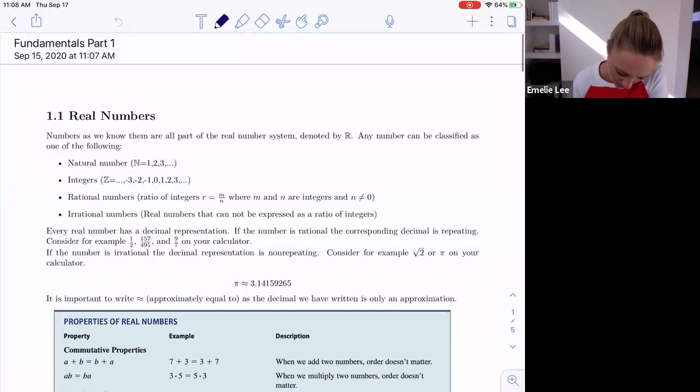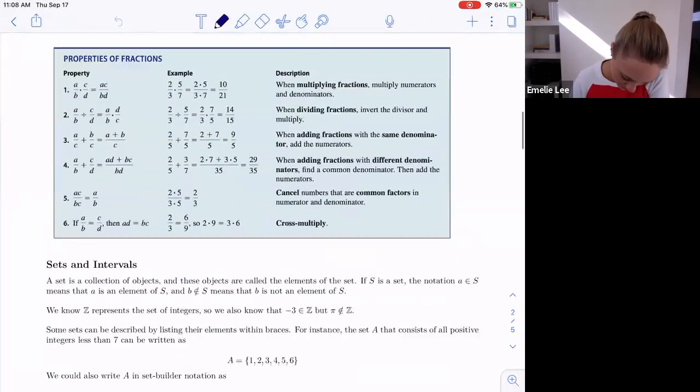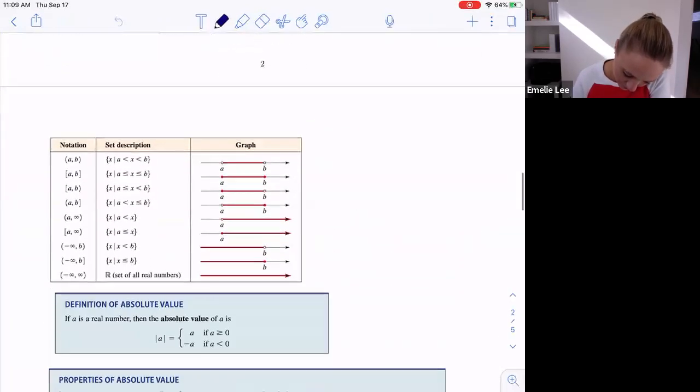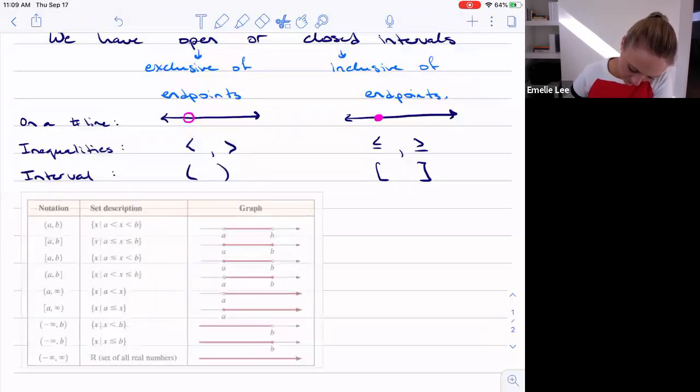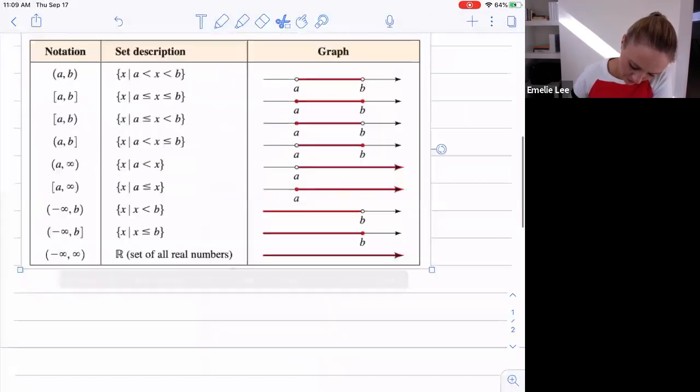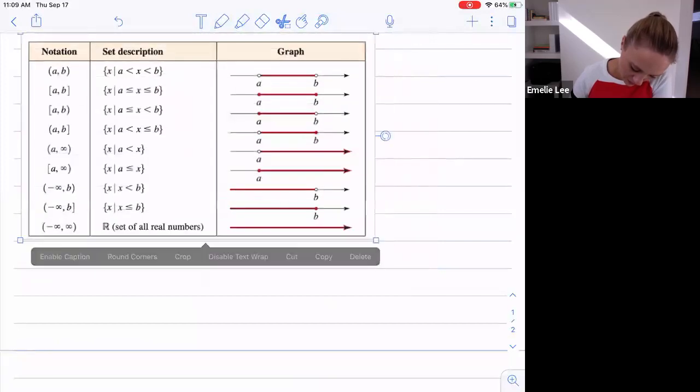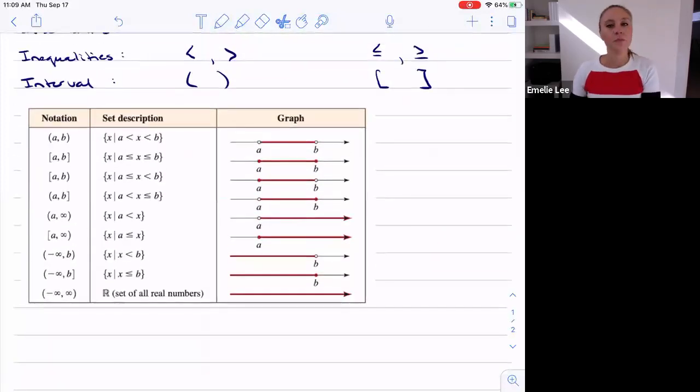So if you've got the handout from last day, problems of fractions, we've got the open interval, the round bracket interval, and we can use set builder notation.